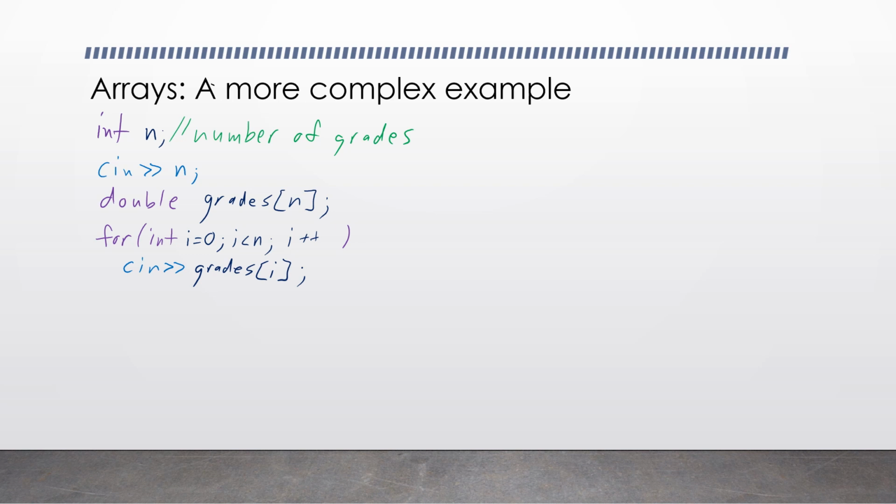And what this will do is create, let's say n is 5, it'll create 5 memory boxes, group them all under the name grades, and then we'll give them each an index 0, 1, 2, 3, 4.